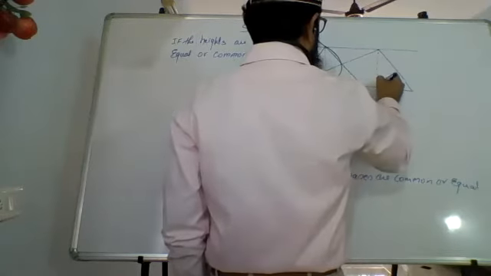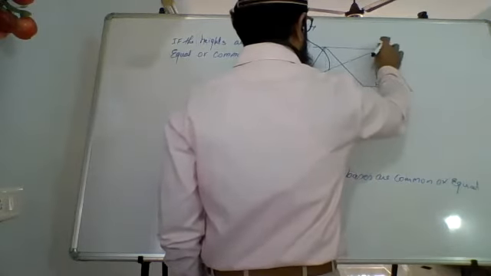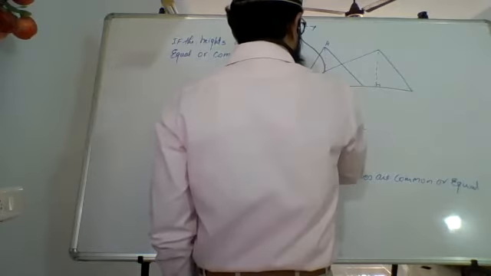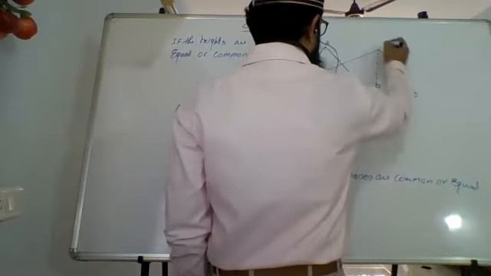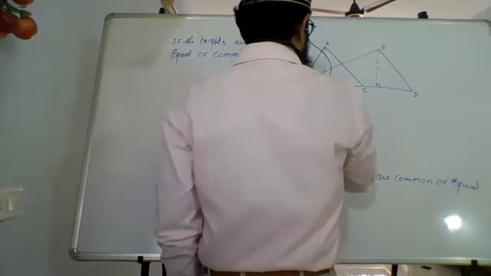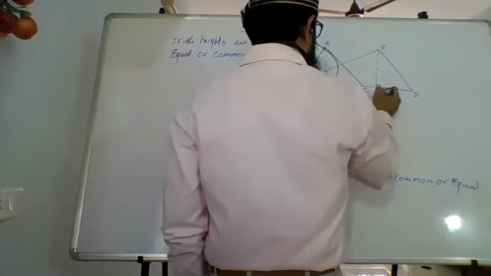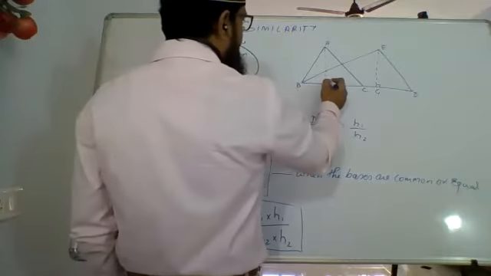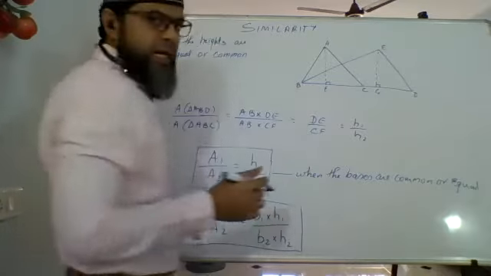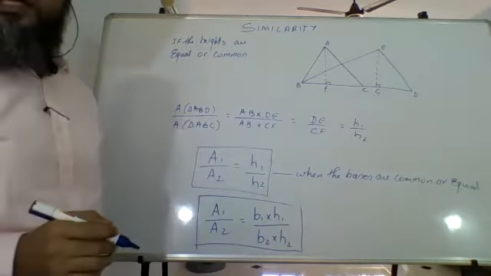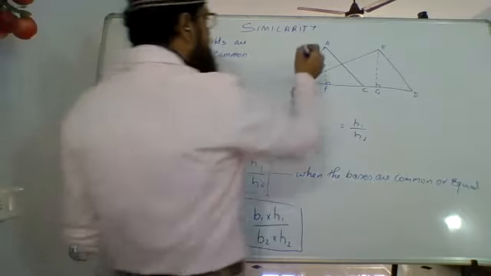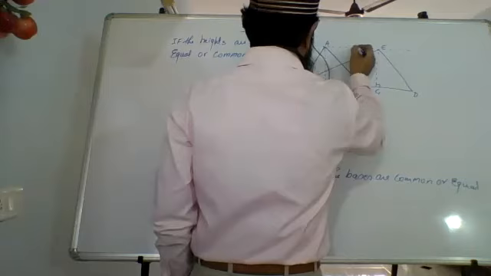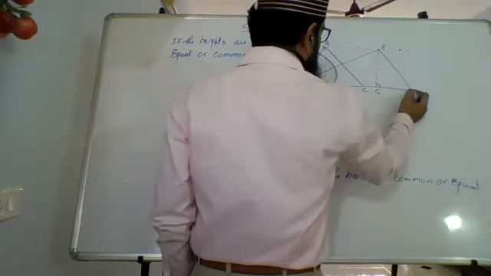This distance is going to be the same because the lines are parallel, correct? So H1 and H2 will be the same. So you will have A, B, C, D, and E, and you will have F and G. AF and EG, because they lie between the same parallels, the distance is going to be the same. I'll show this with a dotted line so that we understand these are parallel lines.